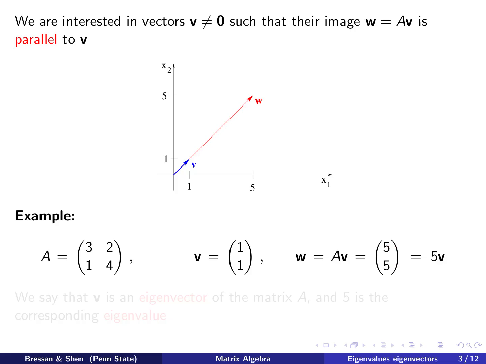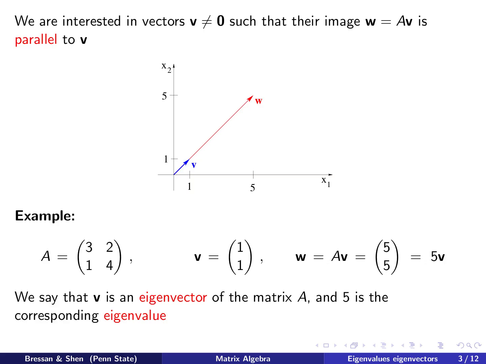If you take out 5, it's 5 times the vector 1, 1, which is the vector V. So we have A times V equal to 5 times V. This is shown in the graph here: V points in the direction 1, 1, and W, which is A times V, points in the same direction, but longer. It's the vector 5, 5.